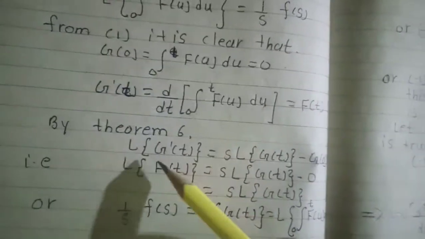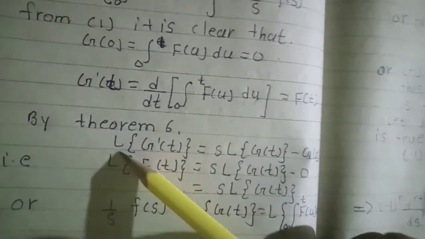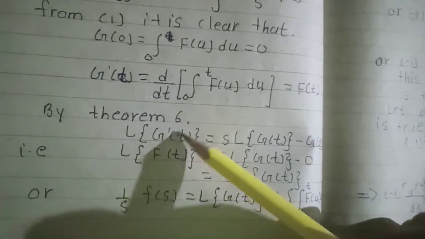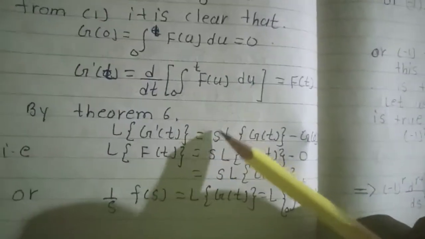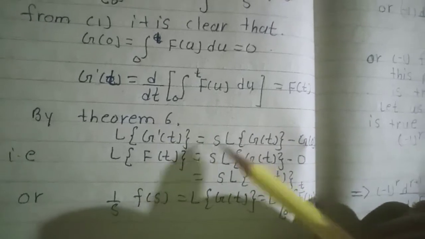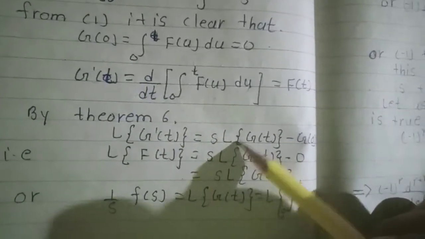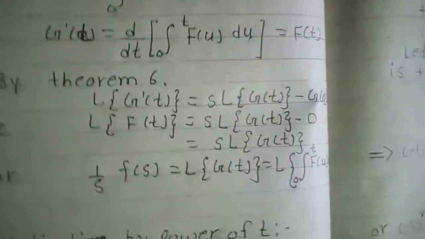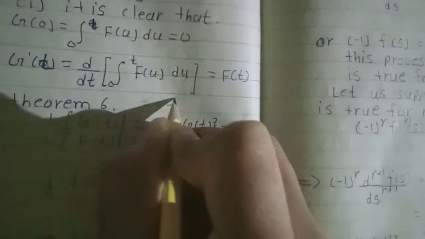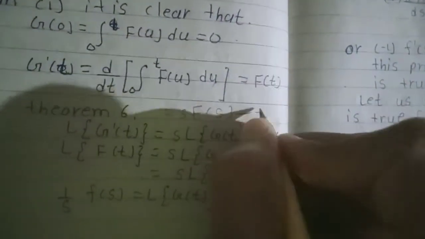Then by theorem 6, the Laplace transform of g dash of t is equal to s times the Laplace transform of g of t minus g of 0. The theorem is: Laplace transform of f dash of t is equal to s f of s minus f of 0.